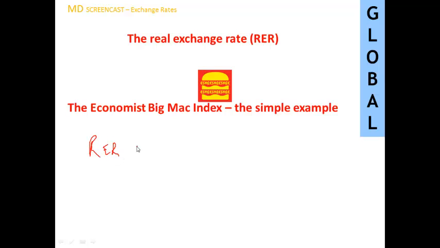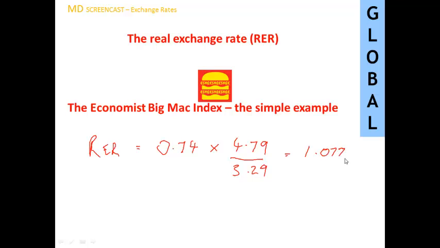Clearly there are some slight differences, but let's say the dollar to euro exchange rate is such that the dollar can buy 0.74 euros. The price of the Big Mac is $4.79 in the US, and in France, in euros, €3.29.